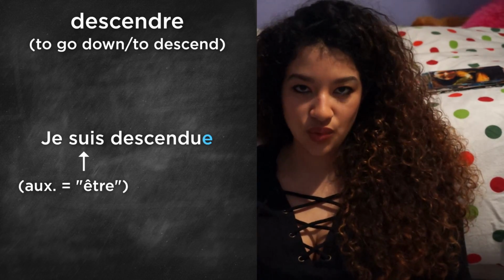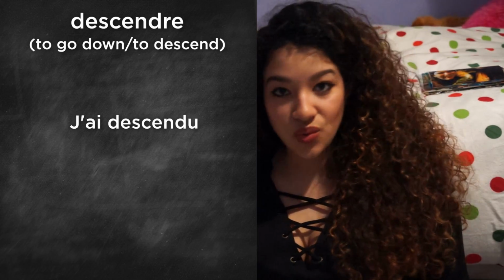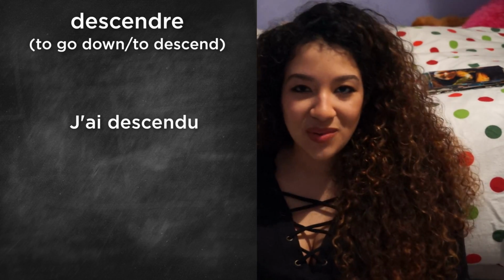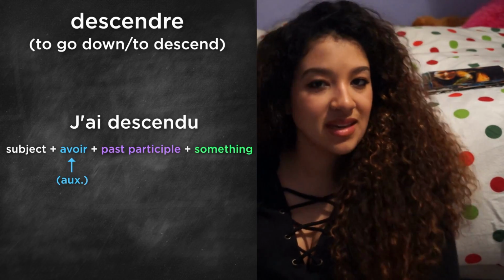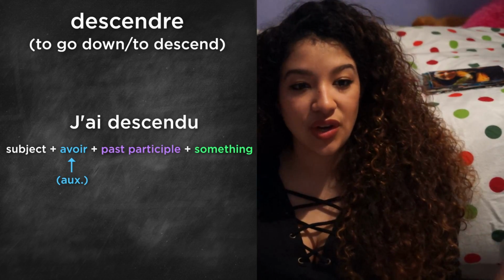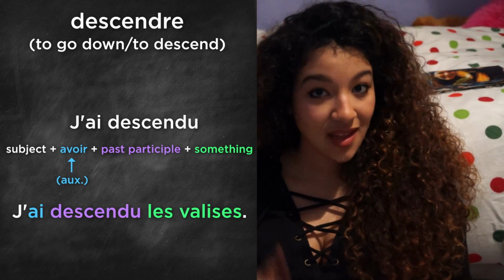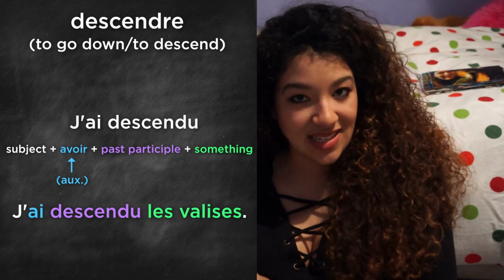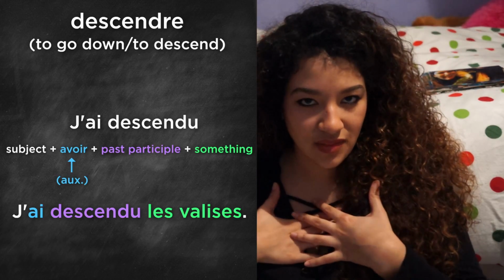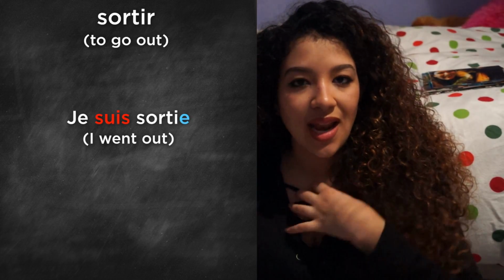So je suis descendu. But you can say j'ai descendu, but only if you're saying that you took something down. If I wanted to say I took the suitcases down the stairs, I would say j'ai, avoir as the auxiliary, j'ai descendu les valises, because I'm not taking myself down. Same with if I said je suis sorti. Je suis sorti, that means that I went out.